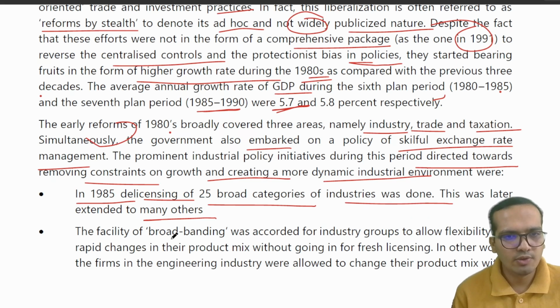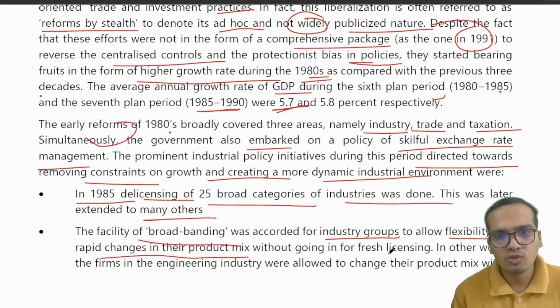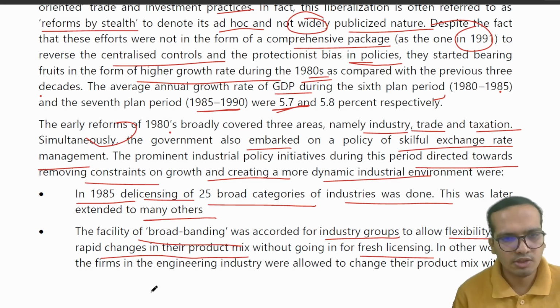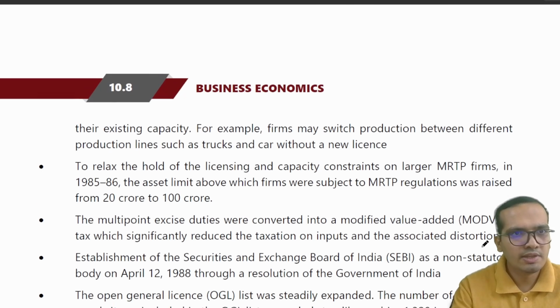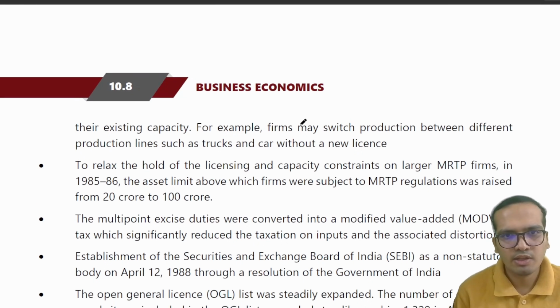Then, the facility of broadbanding was accorded for industry groups to allow flexibility and rapid change in their product mix without going in for fresh licensing. In other words, the firms in the engineering industry were allowed to change their product mix within their existing capacity. For example, firms may switch production between different production lines such as trucks and cars without a new license.